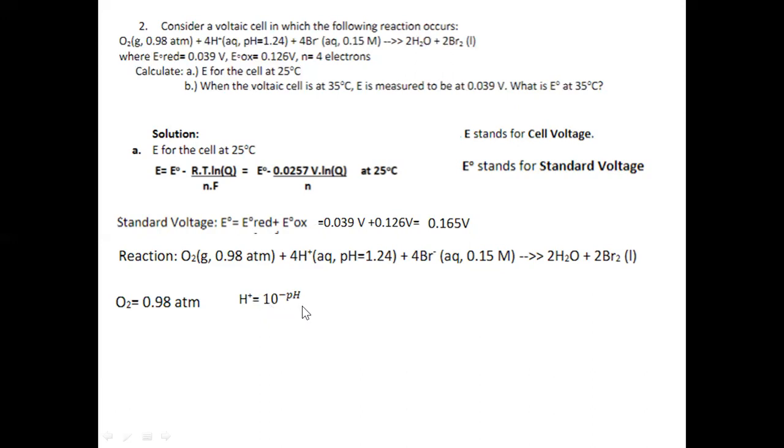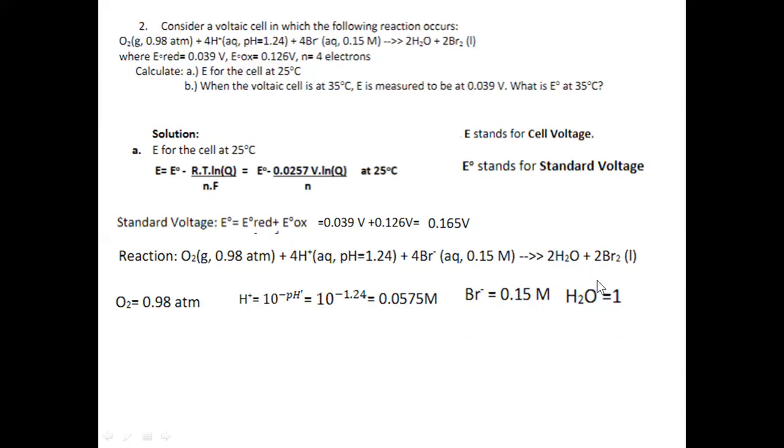Now let's substitute the values to determine the concentration of hydrogen ion via pH. So 10 raised to negative 1.24 gives us 0.0575 molars. The unit for hydrogen ion is molars. Now, we are given the bromine ion concentration at 0.15 molars.